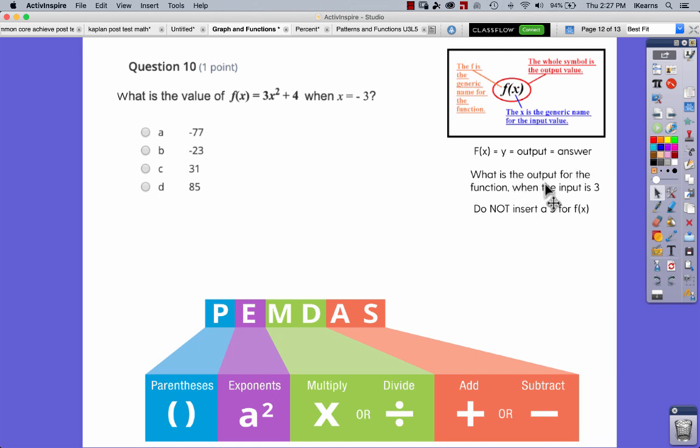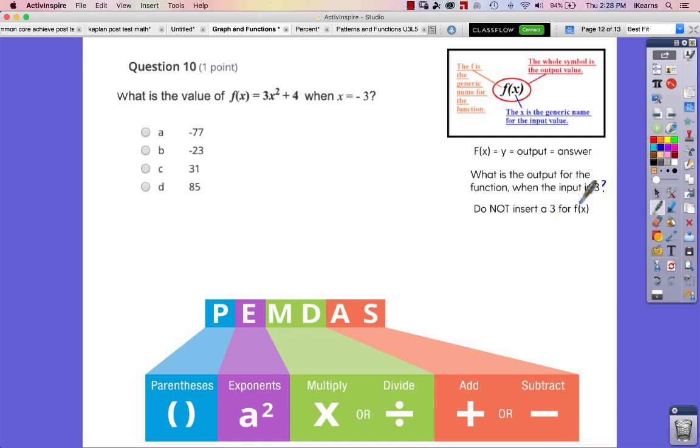What is the output? In other words, this f of x is in the form of a question: what is the output for the function when the input is -3? Okay, they're telling you the input's -3. And so you're not going to insert a 3 for f of x.